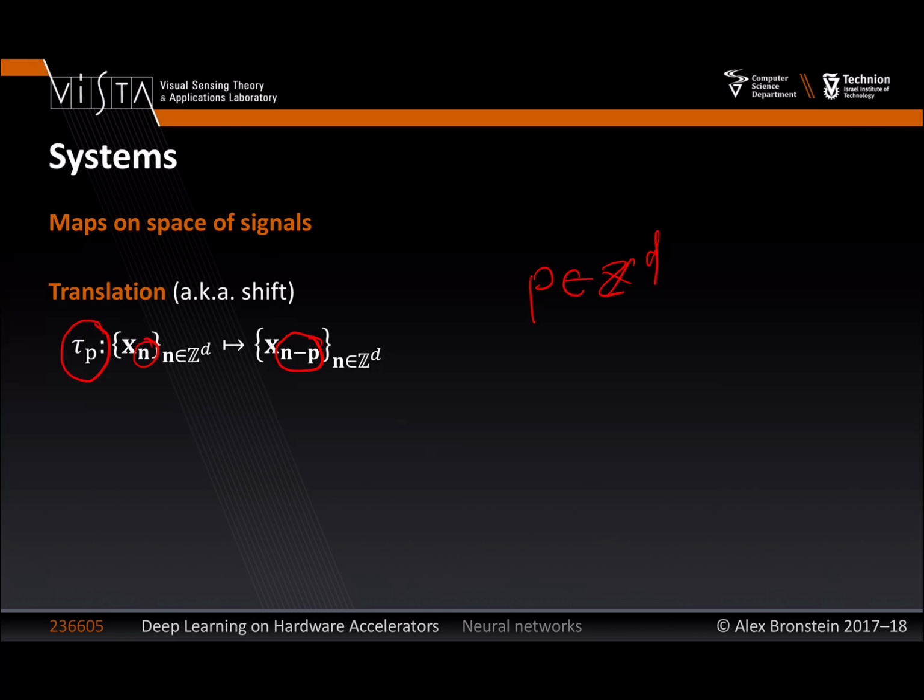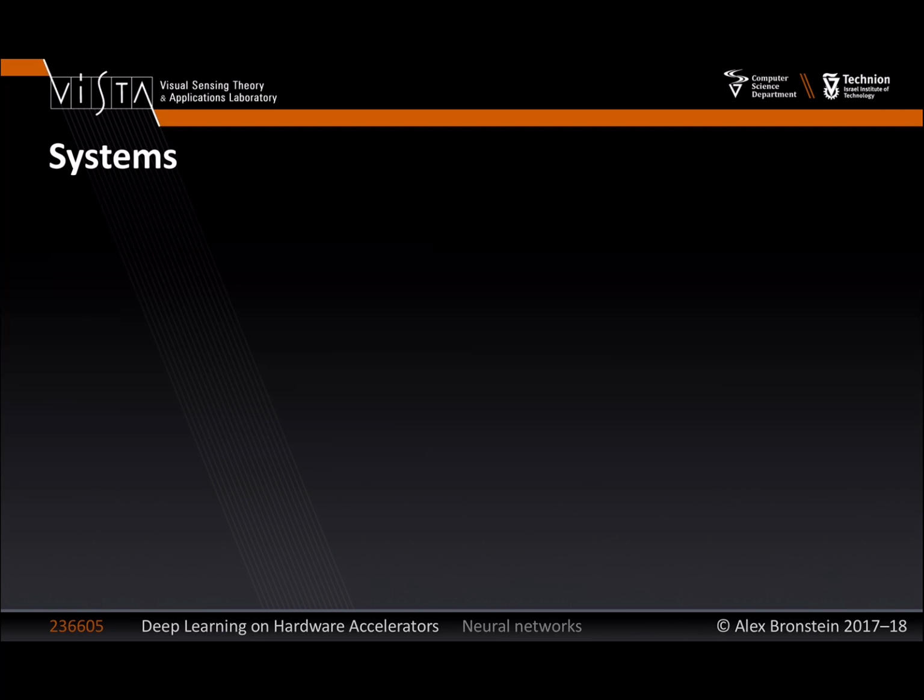Okay, questions? Any questions? Can we move on? So just to recapitulate, we defined signals as some sort of an extension of vectors to sequences or multidimensional sequences of numbers, or sequences of vectors.